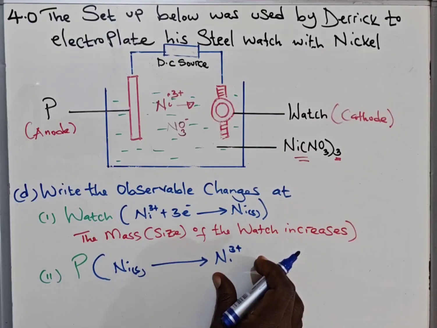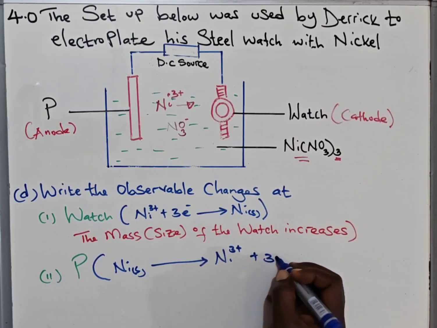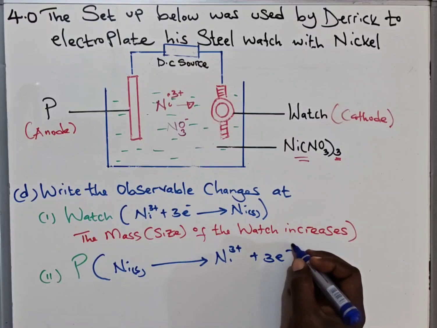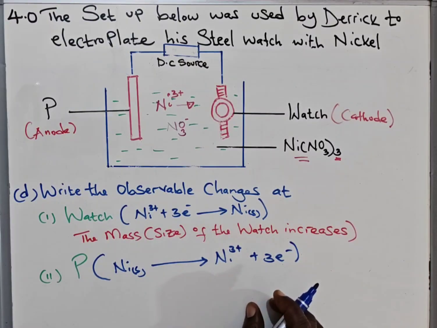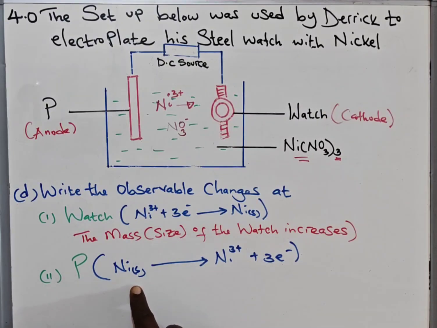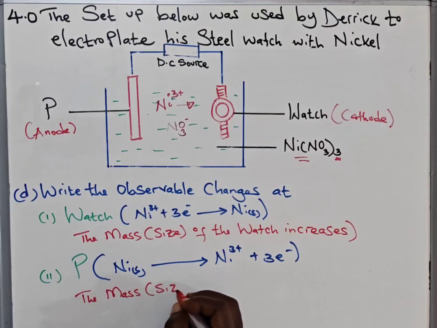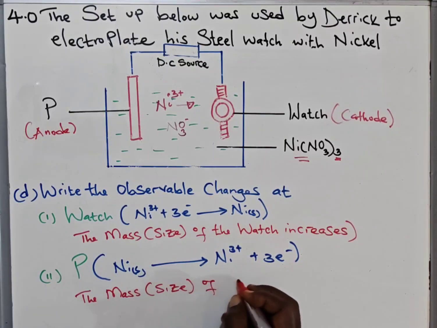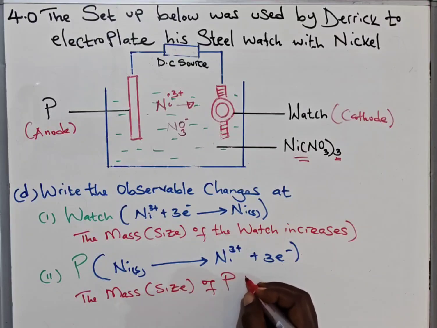Now we know 3 electrons are involved, which we put here. So this tells us what we observe. The moment you have a solid, which is the reactant, breaking down into ions, that implies that there is a decrease in mass or decrease in size. So what are you going to say? That the mass or size of P decreases.